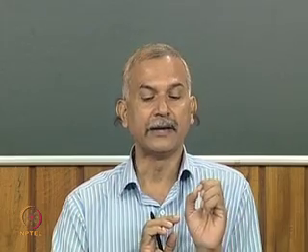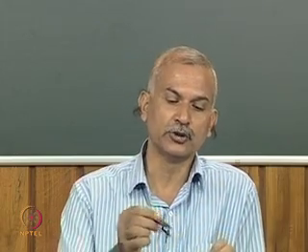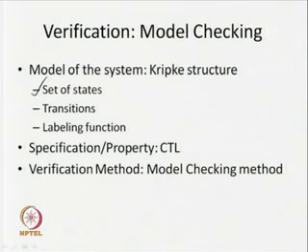We have other model checkers also. In a model checking system, we use the Kripke structure to represent the transition system or the model of the system, and the Kripke structure has three components. One is the set of states, the second is the transition, and the third is the labeling function.